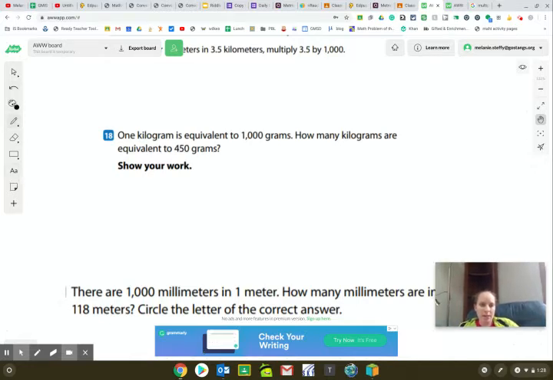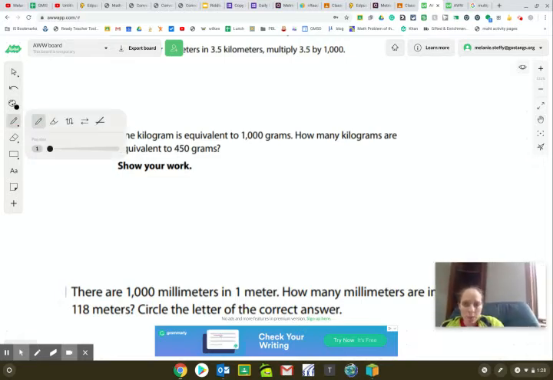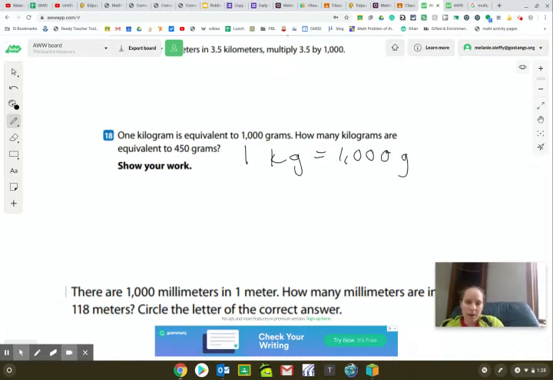So in this case, since it's already telling me that 1 kilogram is equal to 1,000 grams, I need to figure out how many kilograms is equal to 450 grams.